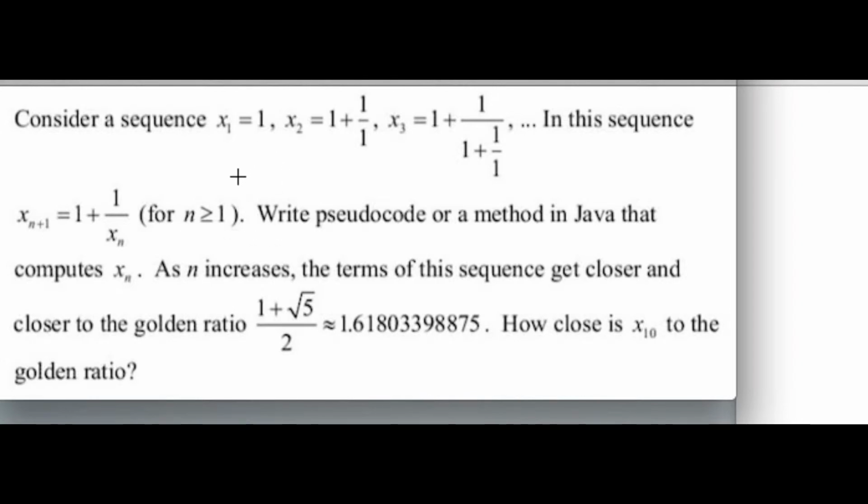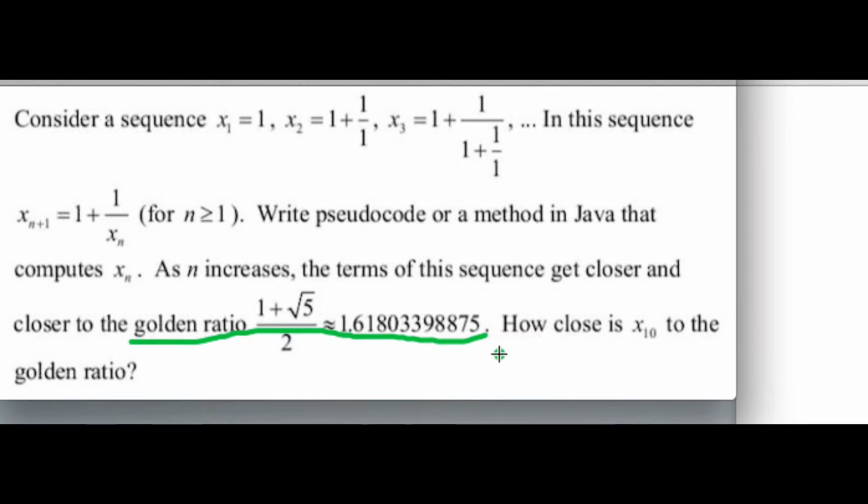Okay, so now what we have to do is write pseudocode or a method in Java that computes x sub n. As n increases, the terms of this sequence get closer and closer to the golden ratio, or this value. Now you can Google the golden ratio. It's actually an interesting ratio, with lots of ties into our culture, especially art.